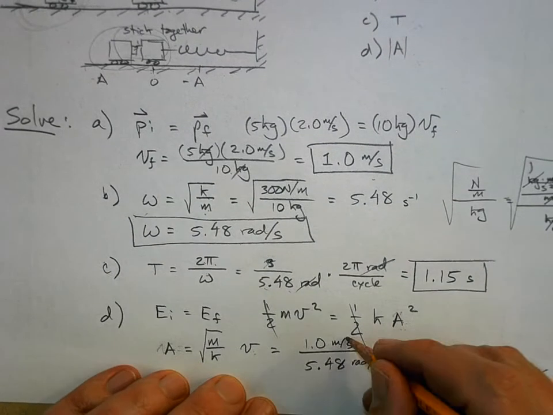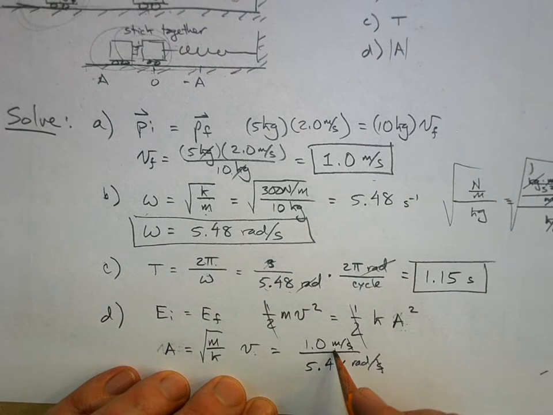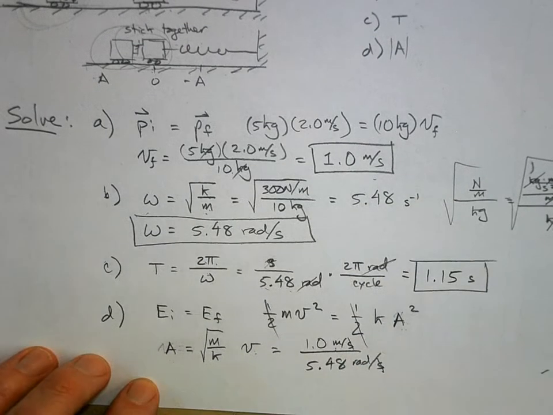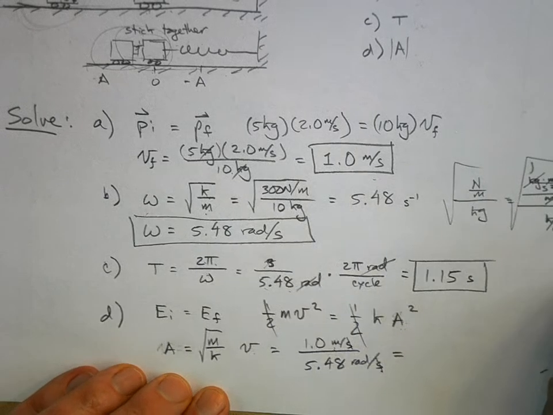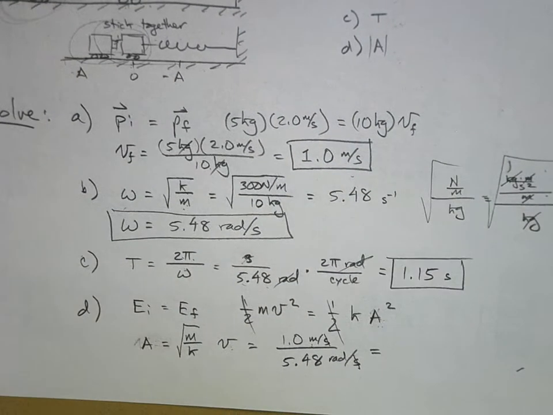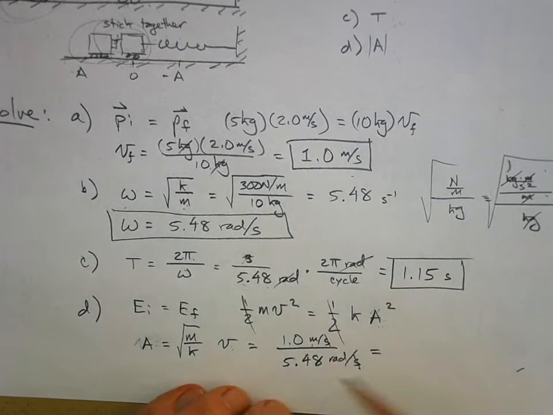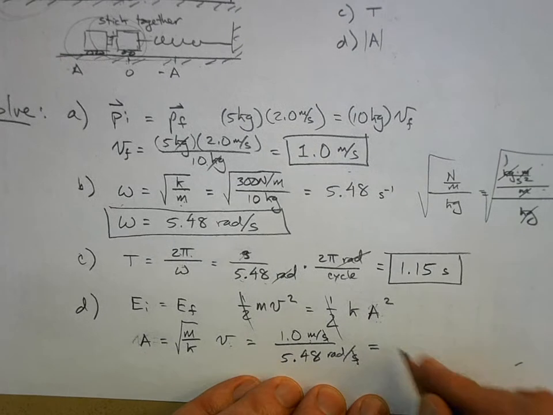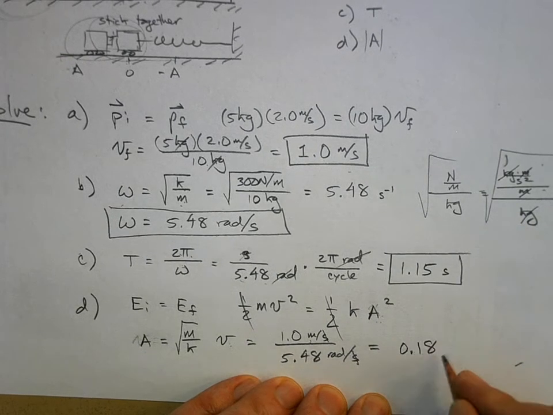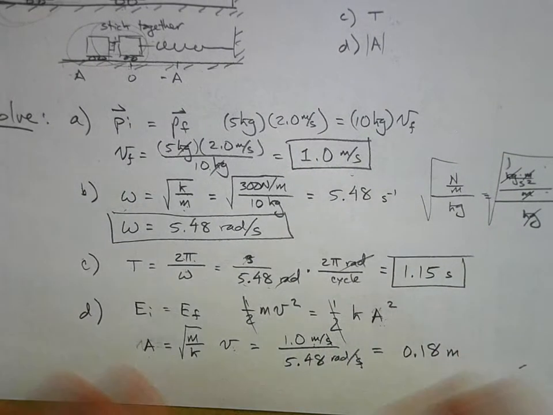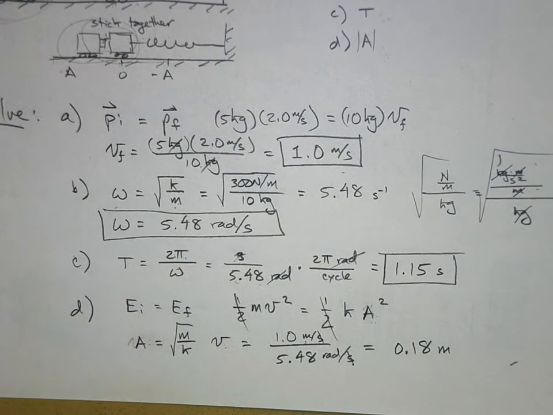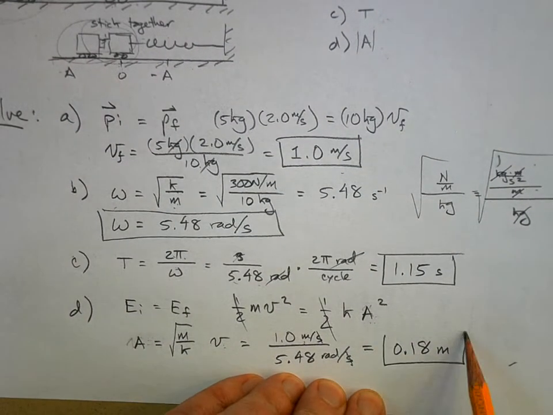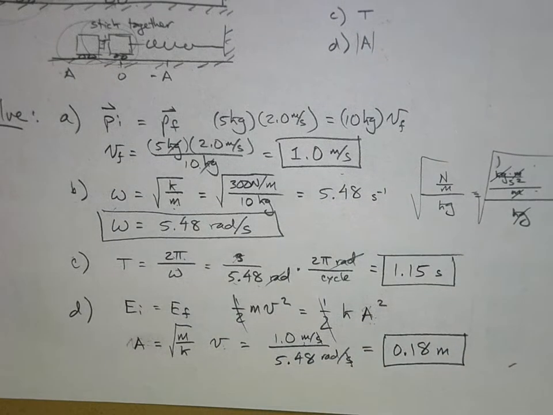So the per seconds cancel. I'm left with just meters, which is what the amplitude should be measured in. And so when we do that, 1 divided by 5.48, we get 0.18 meters, or 18 centimeters. And that's my answer for part D.